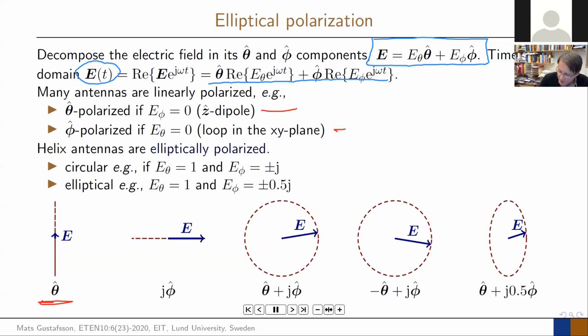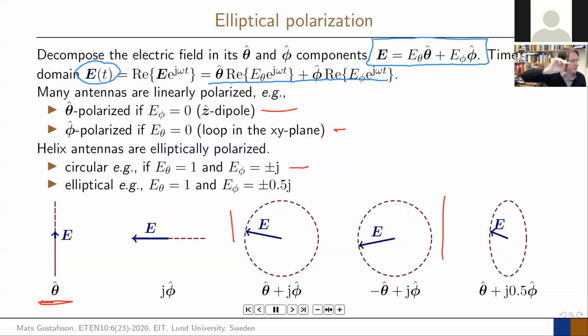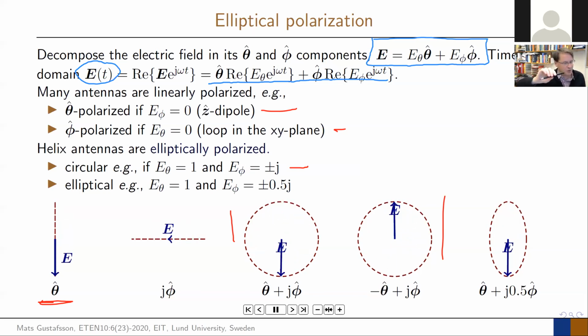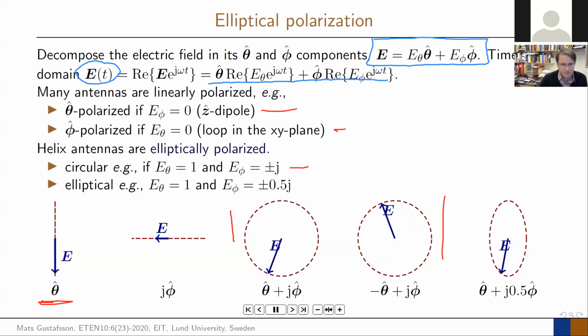But then if I add them up with equal weights, so I look at this case here, then I'm there or I'm there. And here you can see that the electric field starts turning around like this. And it can either spin to the right or it can spin to the left. One of them is then called right circular polarized and the other one is called left circular polarized, because it can go in two different directions.